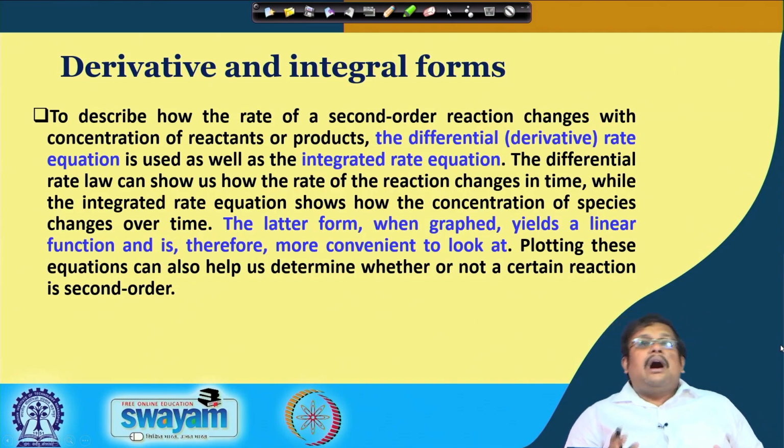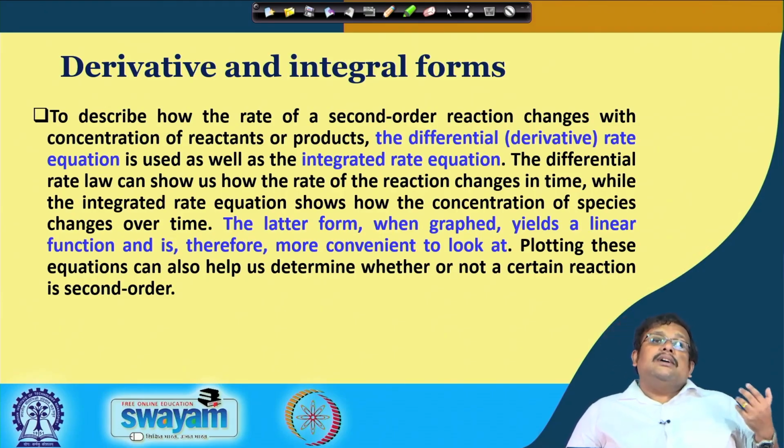To describe how the rate of a second order reaction changes with concentration of reactants or products, the differential rate equation is used as well as the integrated rate equation. The differential rate law shows us how the rate of reaction changes in time, while the integrated rate equation shows how the concentration of species changes over time.